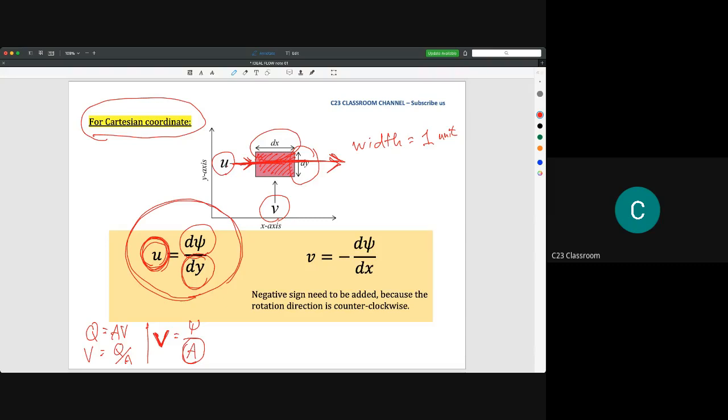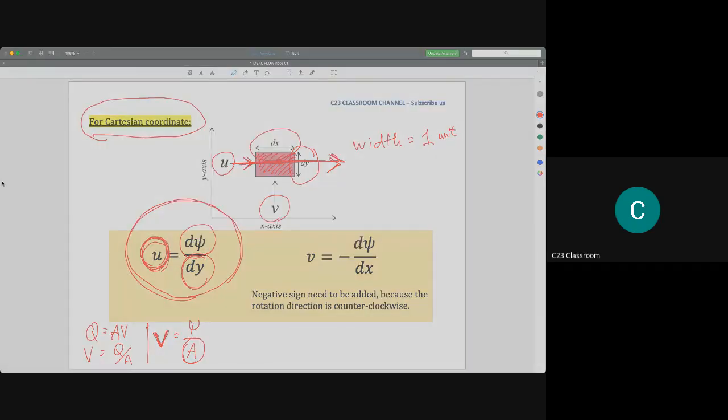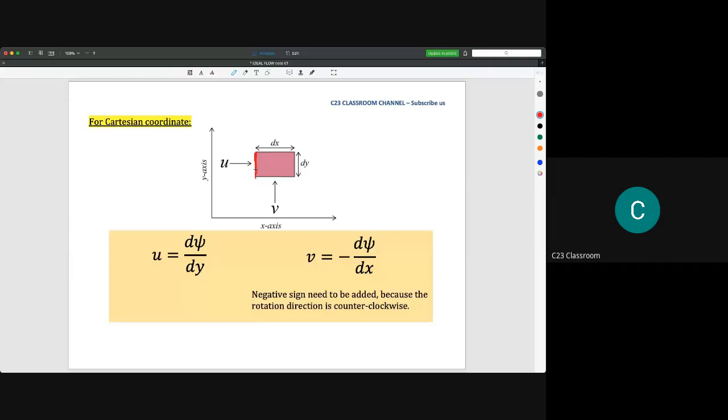Because this is the height of this box, and we assume that the width of this box is equal to 1. So the A here is dy times 1. It remains as dy. So to have the u here, we get it by d psi over dy.